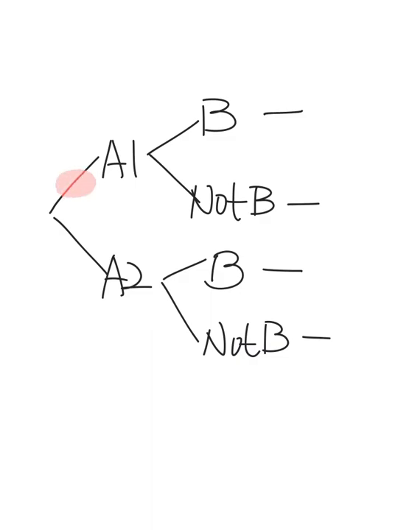Can you give me the chance? A1? How much was the probability A1? It's non-patient. What was the ratio? Non-patient, 0.93, from 1 minus 0.07. The other one, A2, was given 0.07, 7%. Do you remember how much was the sum?